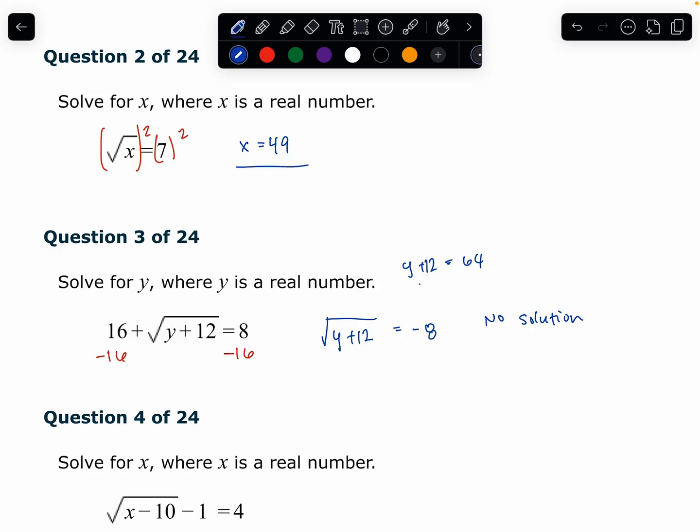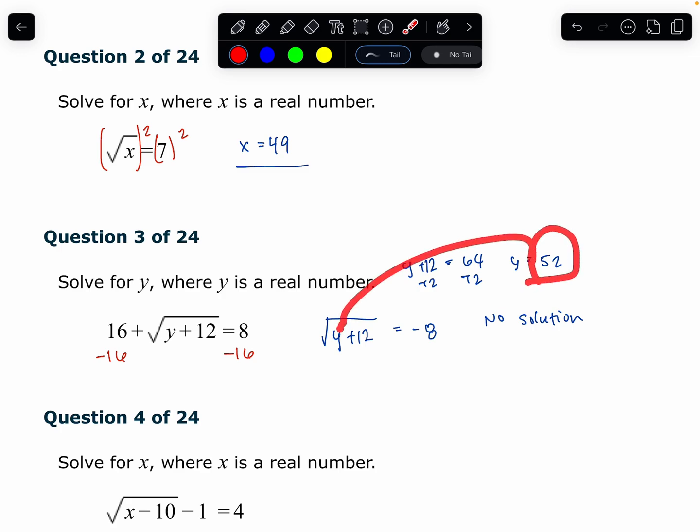Then you subtract 12 and subtract 12, and you get y is equal to 52. They aren't going to count this as a solution, even though if you plug this into the equation, you get 52 plus 12, which is 64, and you take the square root of 64.